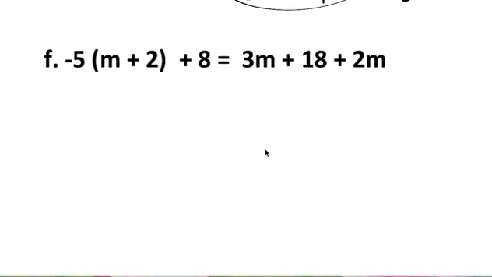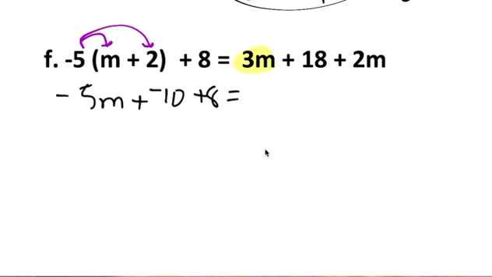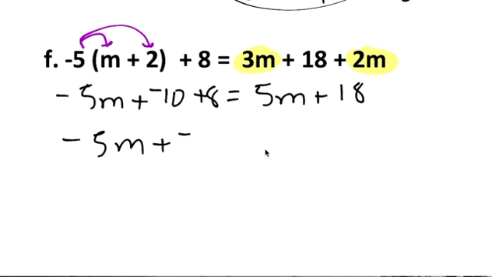Okay, distribute first. -5m plus -10 plus 8. Combine these together. You get 5m plus 18. Okay, get -5m plus -18. Oh, 2, -2. You subtract them. Goes to 5m plus 18.